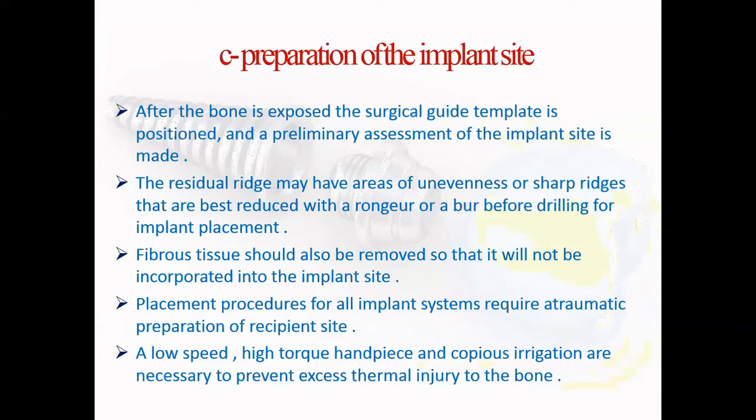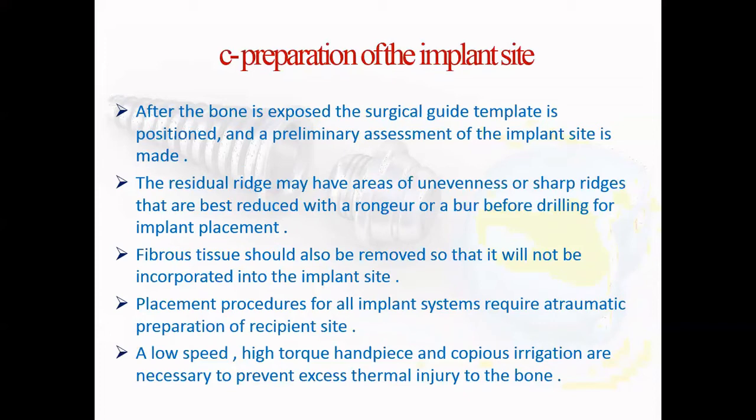The residual ridge may have areas of unevenness or sharp ridges that are best reduced with a rongeur or a burr to smooth the bone surface before drilling the implant site. The fibrous tissue in the area should be removed so that it is not incorporated with the implant site, and there will be less bleeding in the implant site.